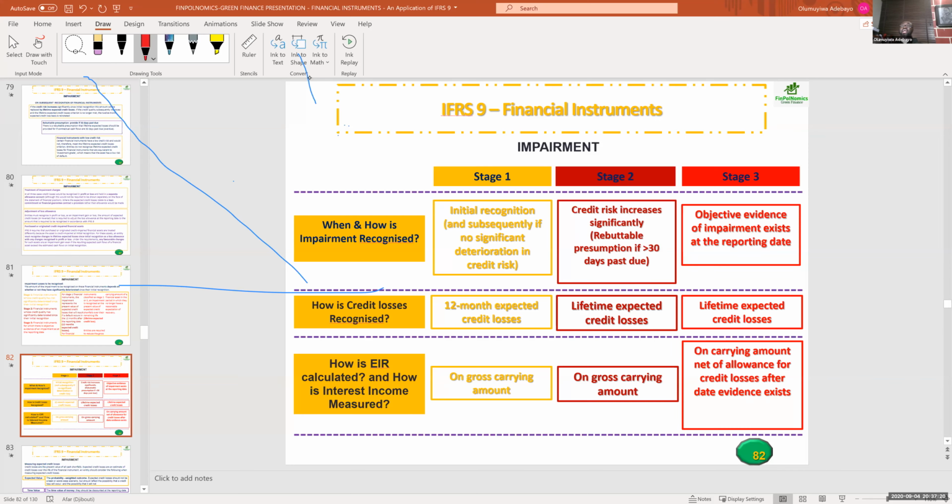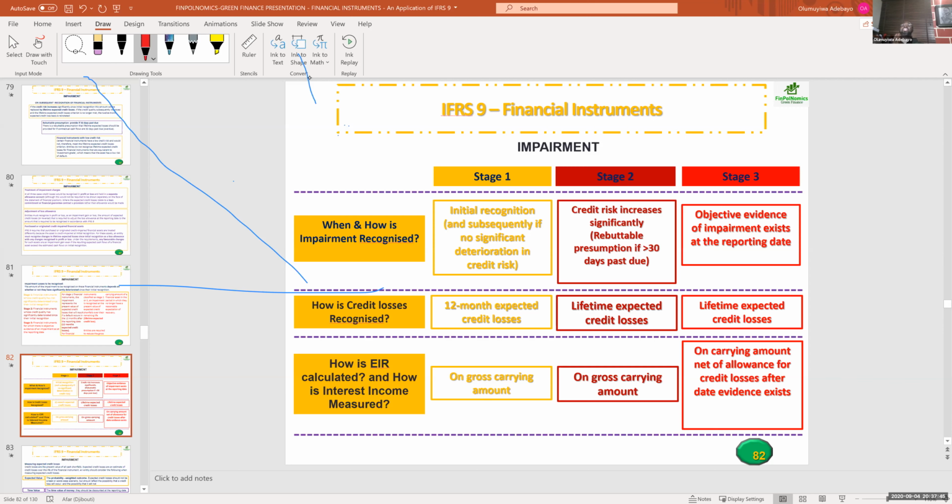And again, before I go further, objective evidence also shows that if you are unable to collect your principal or interest or both after more than 90 days, it means there's objective evidence that there's a loss event, which means stage 3. But that 90 days is also rebuttable, because for some companies, even within 60 days, they can classify it as a loss event.